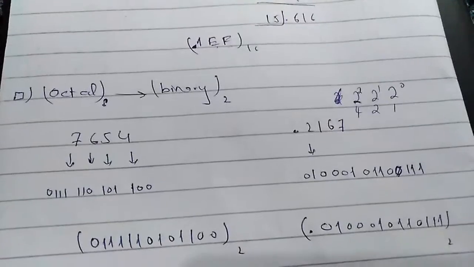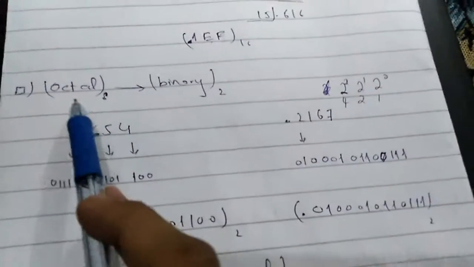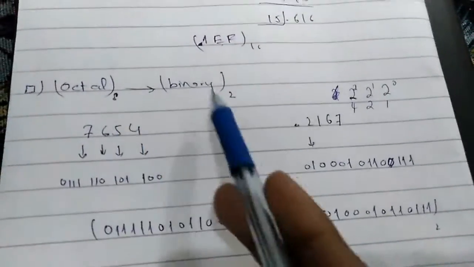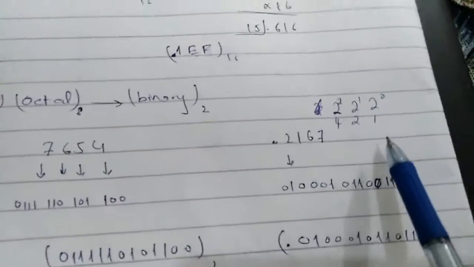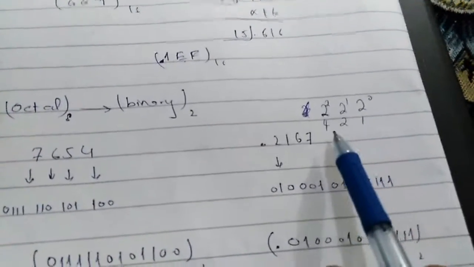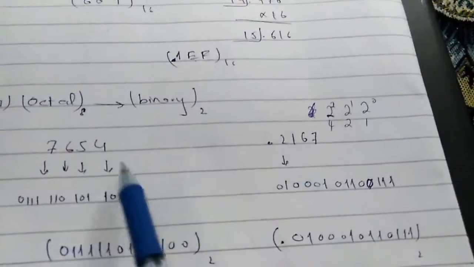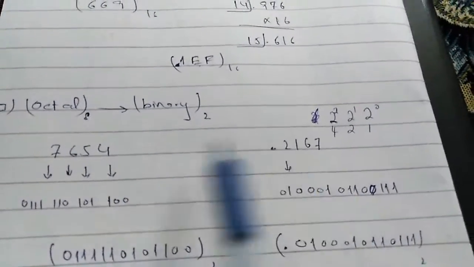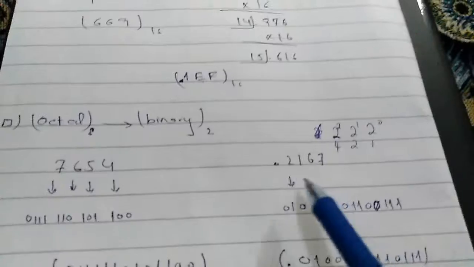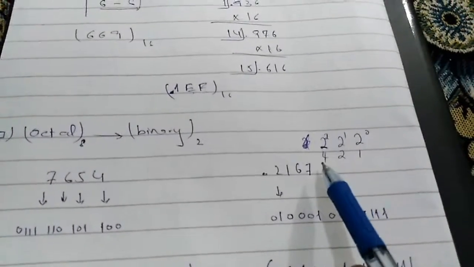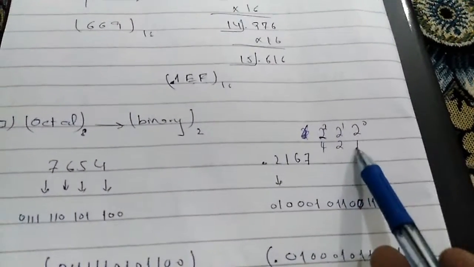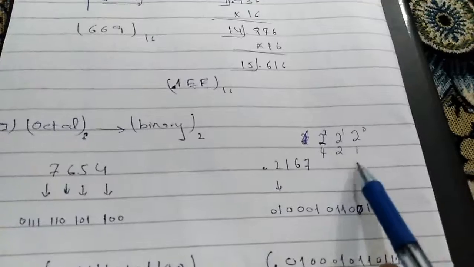Now we have moved to octal to binary number system conversion. Octal to binary conversion is simply easy, with 2 power 0, 2 power 1, 2 power 2, as I have told you earlier. After the decimal point or before the decimal point, it will be the same, in groups of 3. For this 7, we take 7 as 4 plus 2 plus 1, so this all becomes 1 1 1.